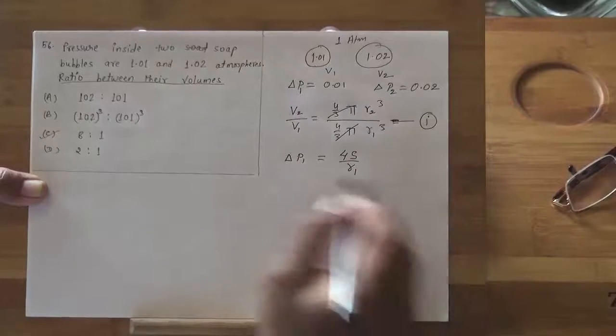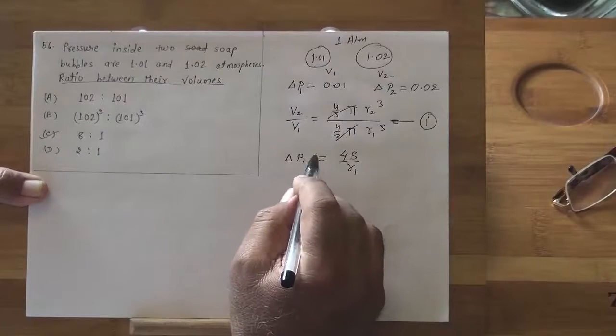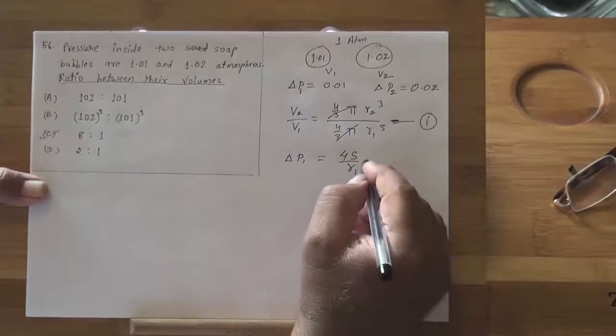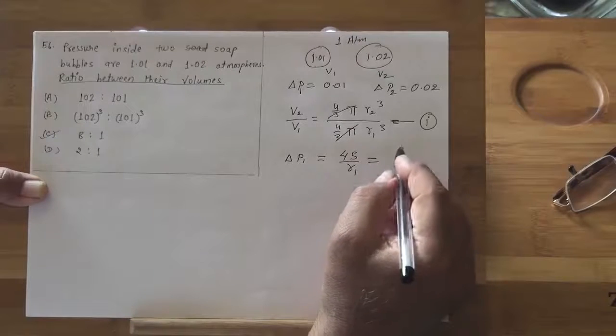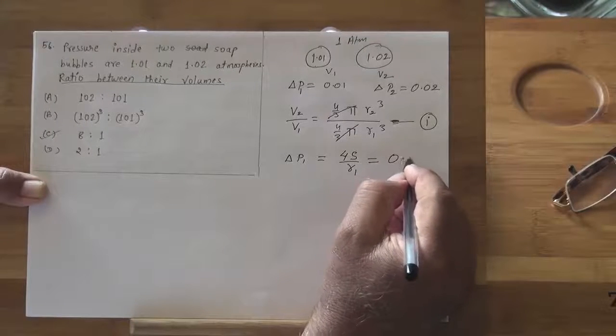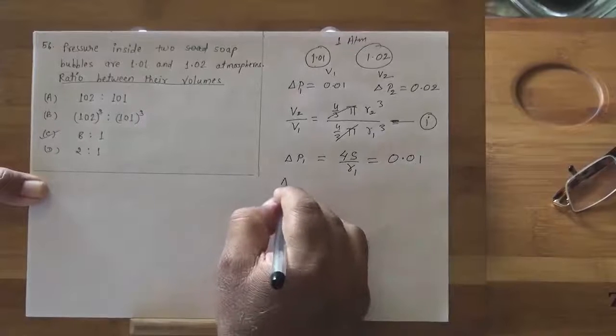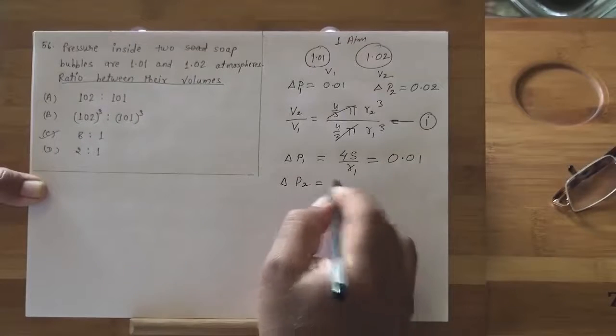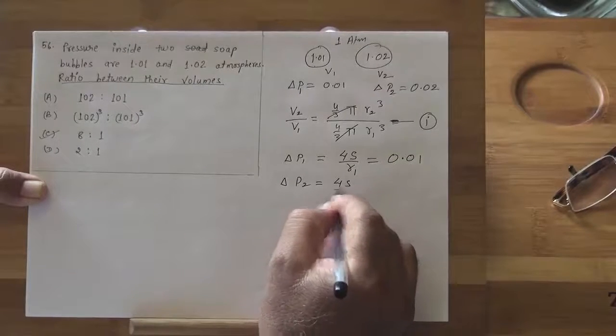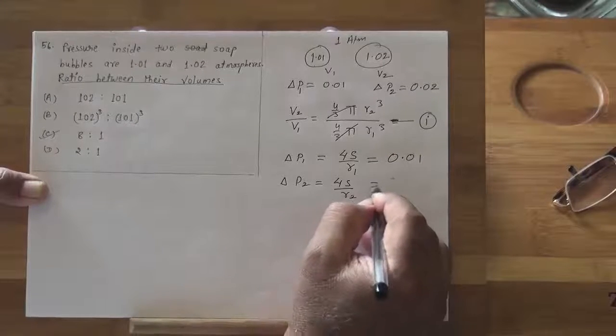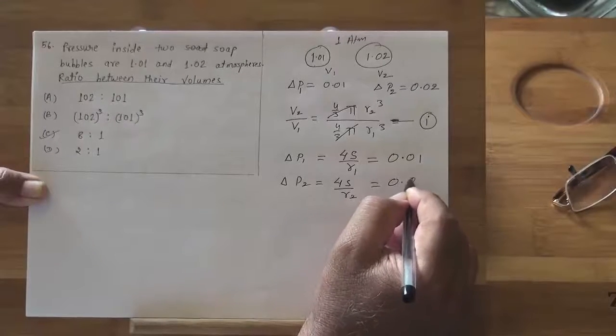Radius 1 is equal to 0.01. Radius 2 is 0.02.